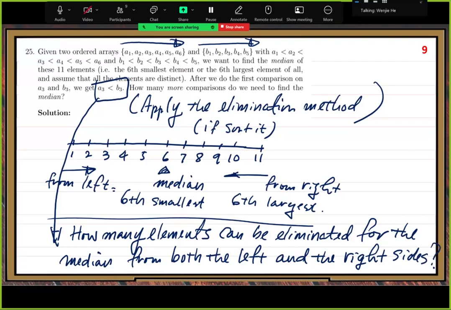How many? For example, I'll just give you an example. The median should be the sixth one you count from the left. But if you can see some element is already greater than 6 elements, then it cannot be the median, right? From the given condition, one particular element is already greater than 6 other elements.